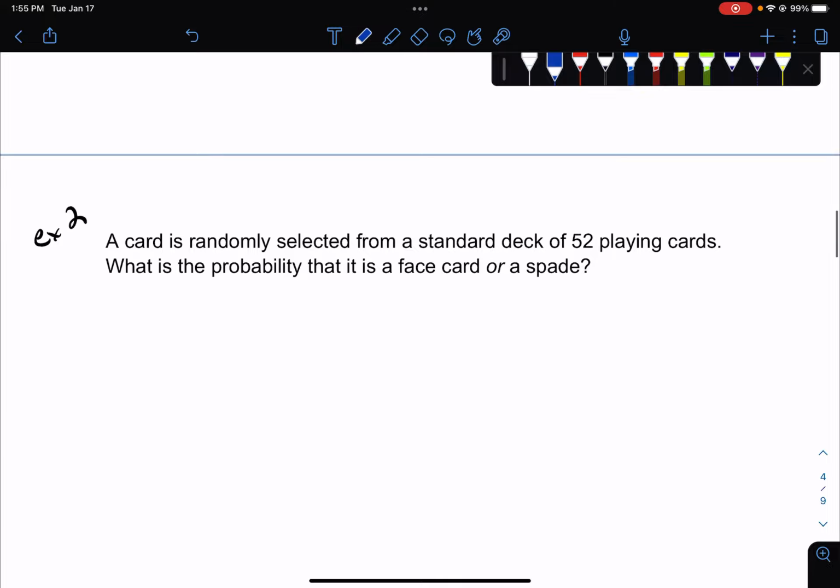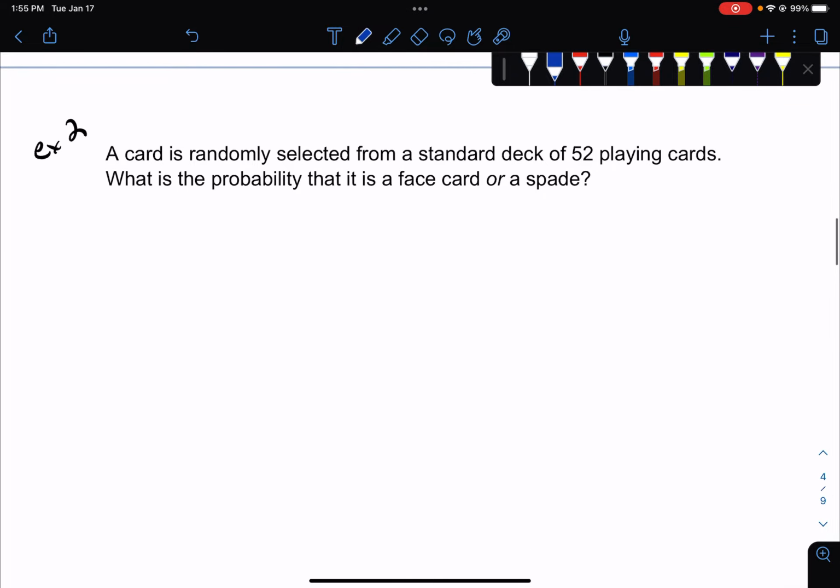Now, example 2, I'm going to pick a card again, but this time, what's the probability that I get a face card or that I get a spade? Okay, "or" means I'm going to add again. The probability of getting a face card, well, there's 12 face cards out of 52 total cards, right? Jack, queen, and king.